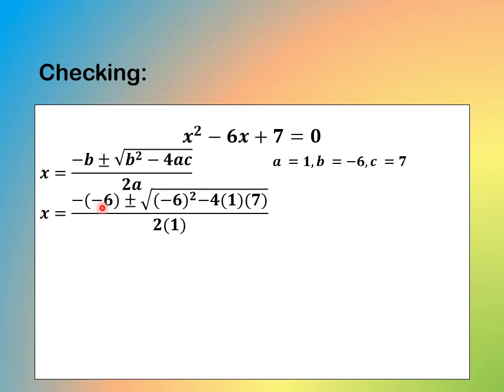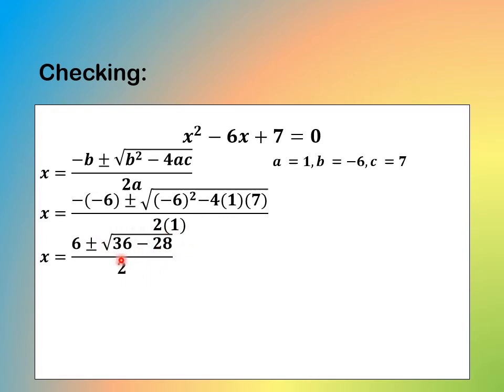So, negative times negative 6, that will be equal to positive 6 plus minus the square root of negative 6 squared, kaya naging 36 dito. Minus 4 times 1, 4 times 7, okay, that's equal to 28. Kaya square root of 36 minus 28 over 2 times 1, that is equal to 2.